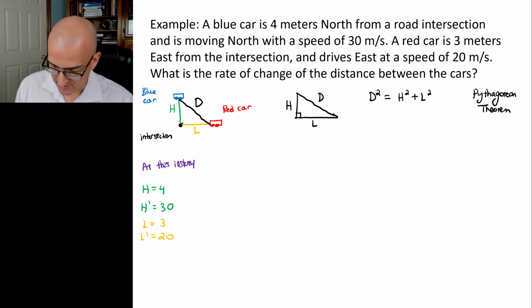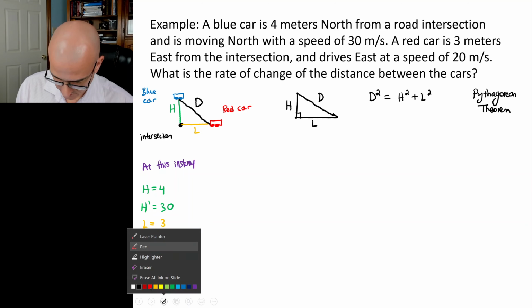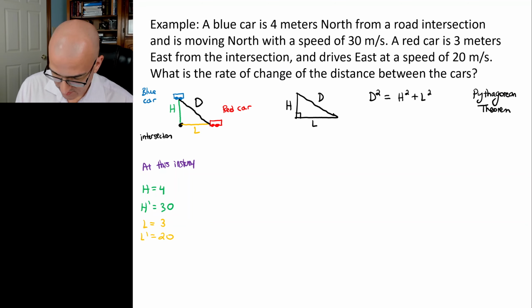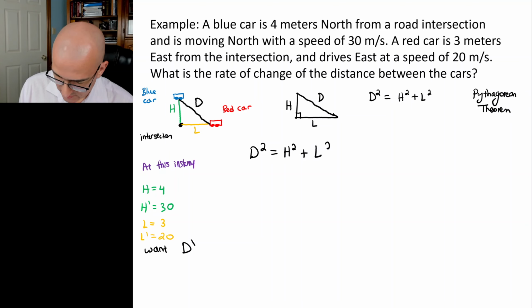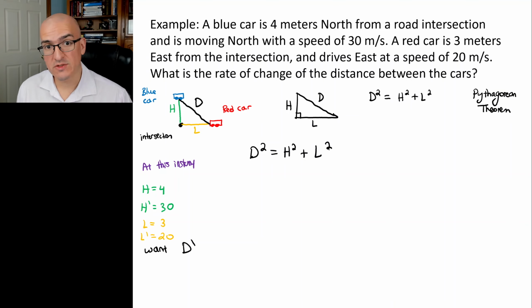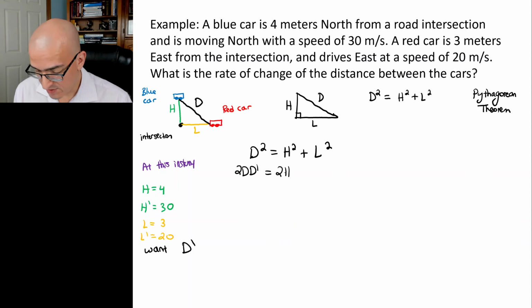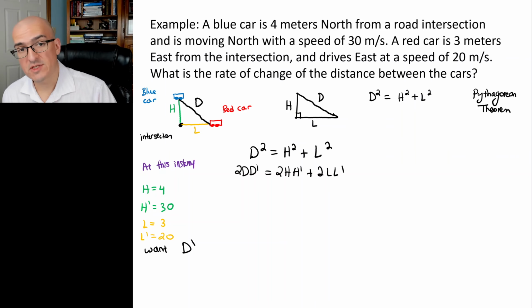Let's use it in the first place. We want d prime. So d squared is equal to h squared plus l squared. We can take the derivative of all the pieces using implicit differentiation. We get 2 times d prime equals 2 times h prime plus 2 times L prime, since each are functions of time.